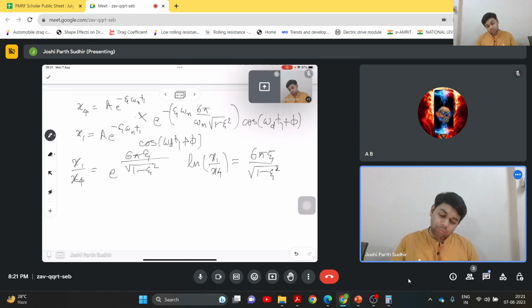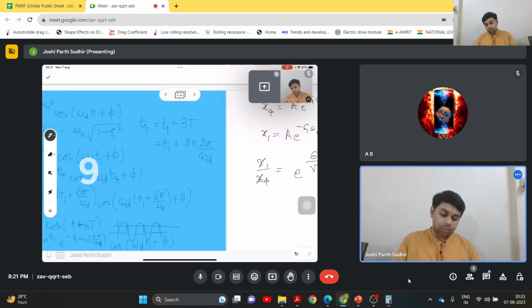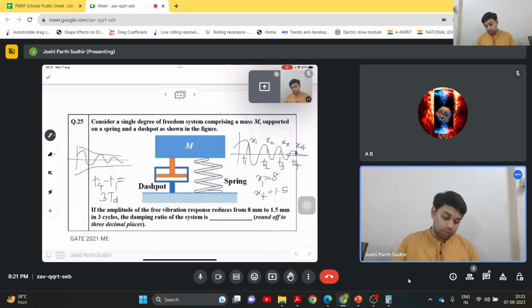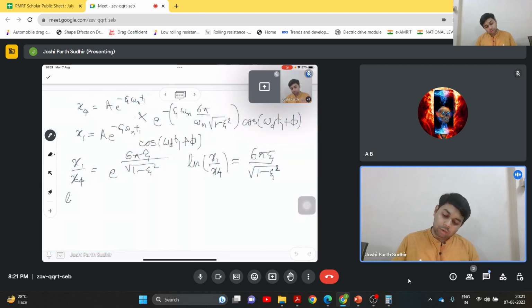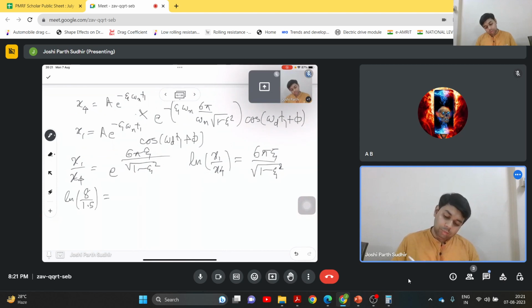Now we have been given that x1 is 8 and x4 is 1.5. So basically ln of 8 by 1.5 is 6 pi zeta upon root of 1 minus zeta square.